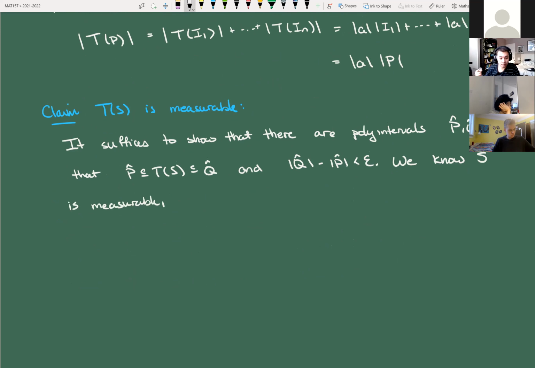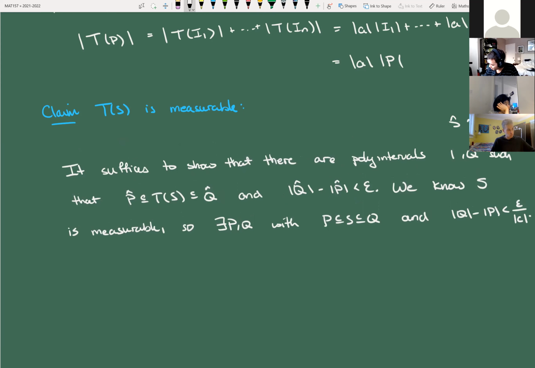Right? So in particular, we can find polyintervals which do this for S. So there exists P and Q with P subset S subset Q. Oh, you know what? I should have said if C equals 0, there's nothing to do. Let me put that in.